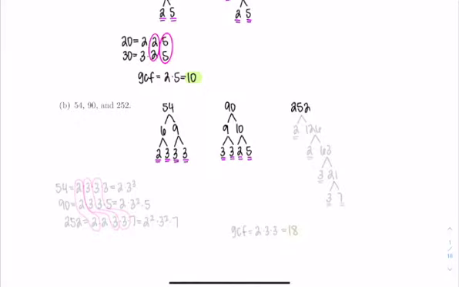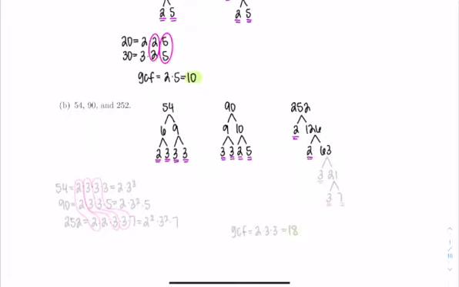And let's break down 252. That's 2 and 126. Well, 2 is prime, but we can break down 126 into 2 and 63.